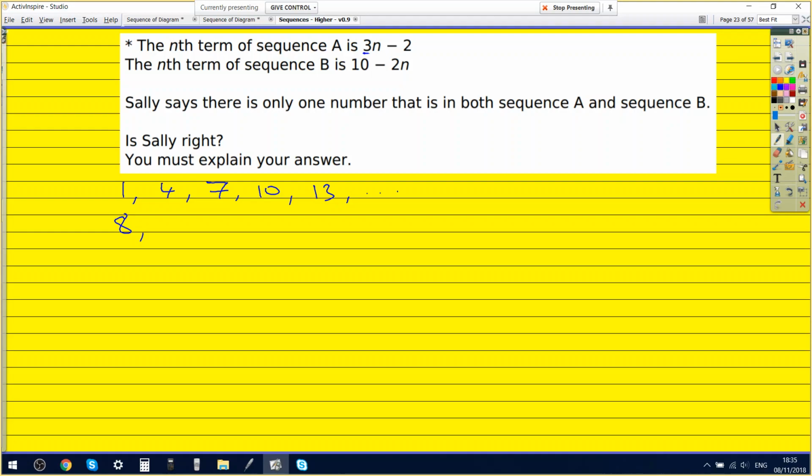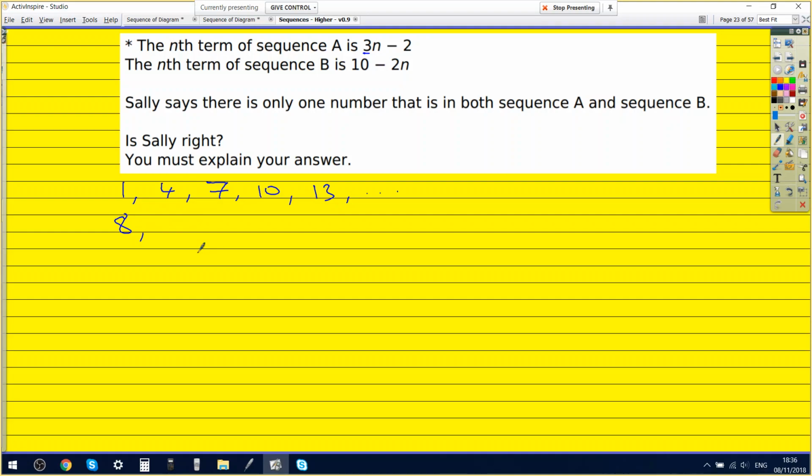So the first one was 3n, so it's plus 3 each time. The second one is minus 2n, so what would you do each time to get the next term in the second sequence?